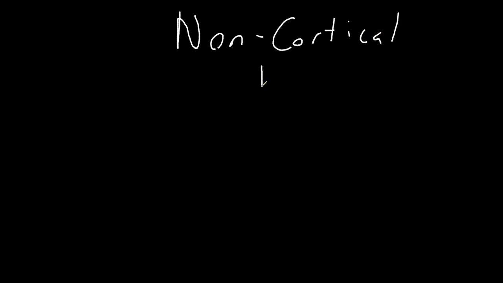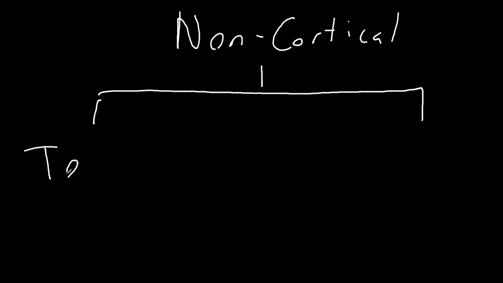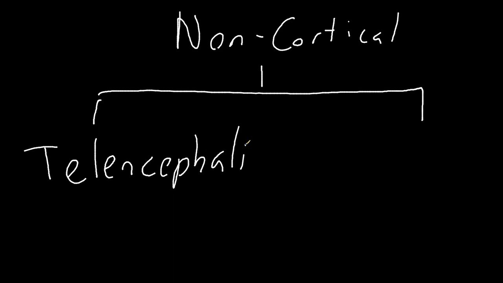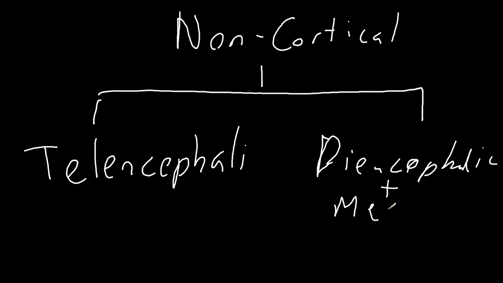And again, we're going to split the non-cortical structures into two. We have the telencephalic structures, and the diencephalic plus mesencephalic.